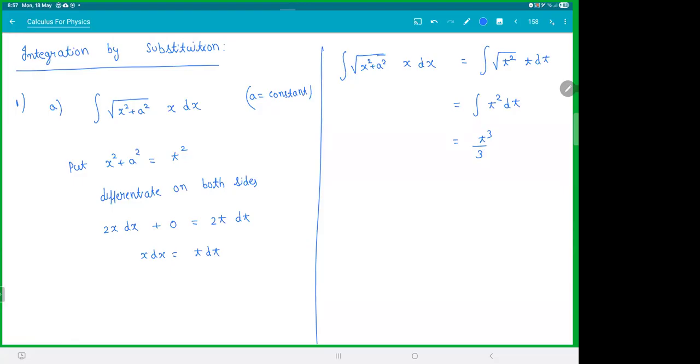But what is t? T is this guy. Substitute back again, you end up with x square plus a square whole power 3 by 2, divided by 3. That is your integration of root over x square plus a square into x dx. This technique is called integration by substitution.